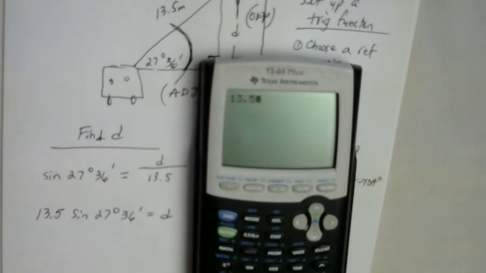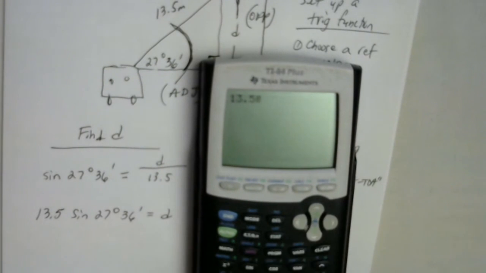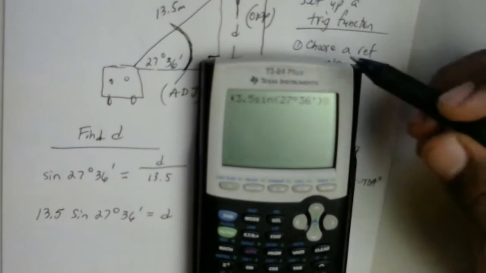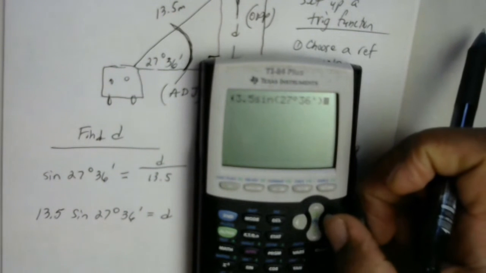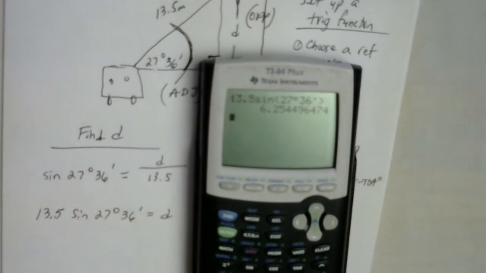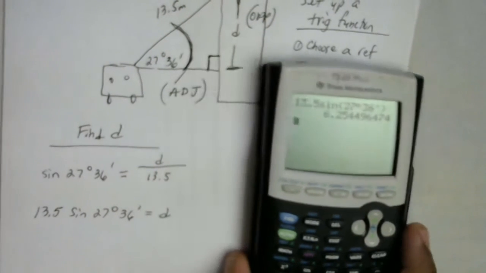So this is 13.5 times the sine of 27 degrees, 36 minutes. Let me make sure I got everything in here right: 13.5 times the sine of 27 degrees, 36 minutes. And we have a value of 6.25.